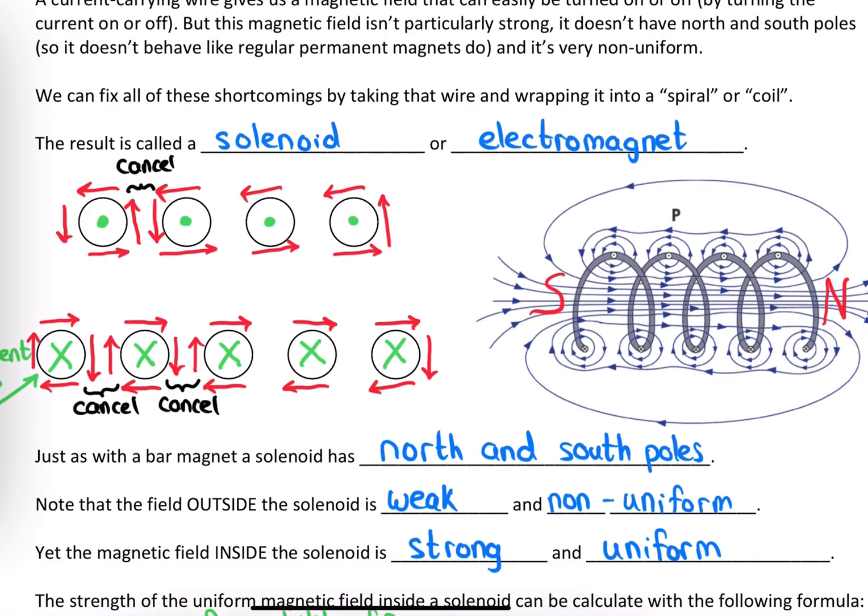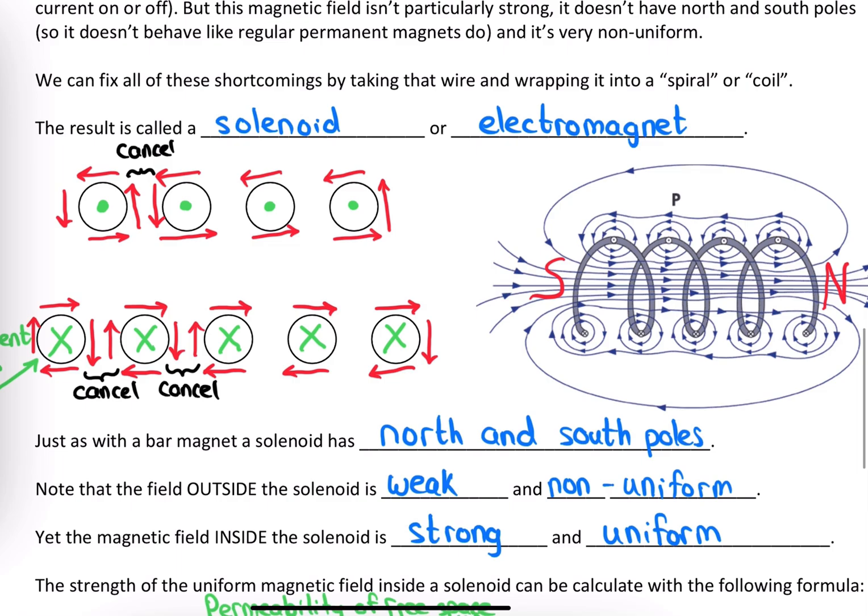And it has a lot of benefits. It has a strong, uniform magnetic field on the inside. It has a north and south pole. And we're able to turn this magnetic field on and off by turning the current on and off. We can use the right-hand rule to figure out exactly the direction that the magnetic field is going at each point inside a solenoid.